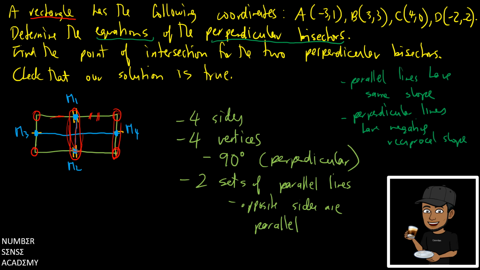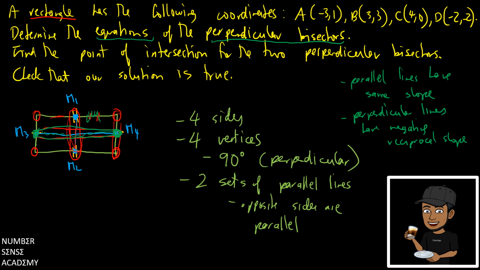Now when I go to the other line, that's also running parallel to this line. So once I have this line, I already know the slope of this line. And then all I need is the midpoint of these 2 lines.